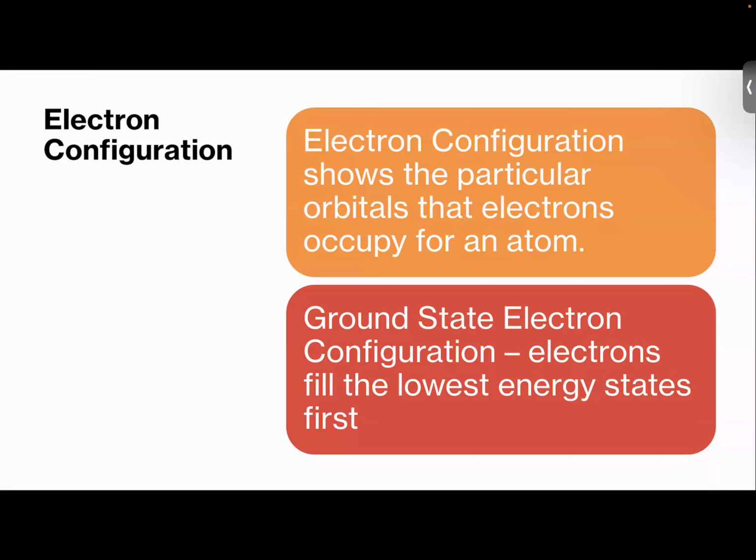So electron configurations show the particular orbitals that electrons occupy for an atom. In the ground state electron configuration, the electrons always fill the lowest energy state first. I am specifying the ground state because an excited state would have an electron in an unexpected location.